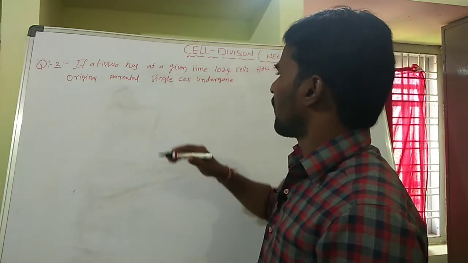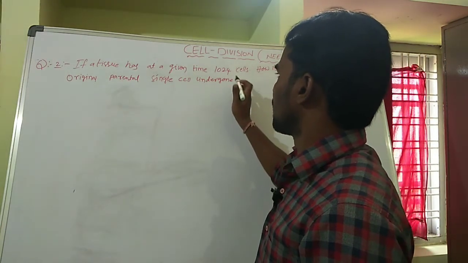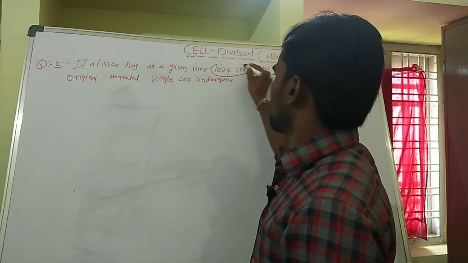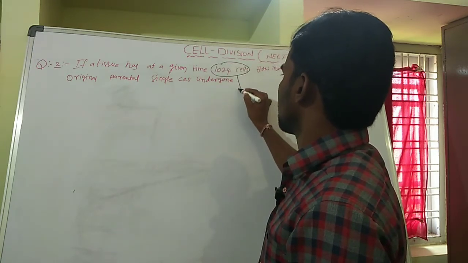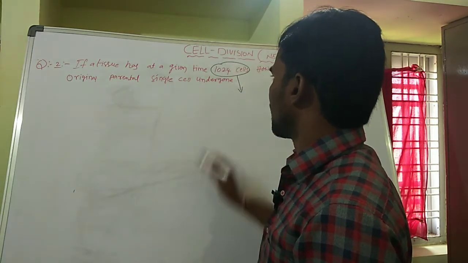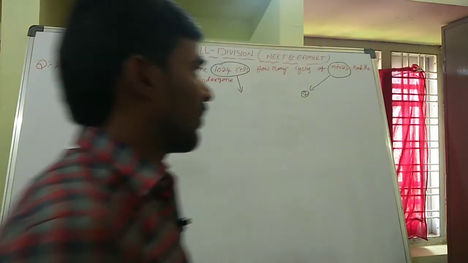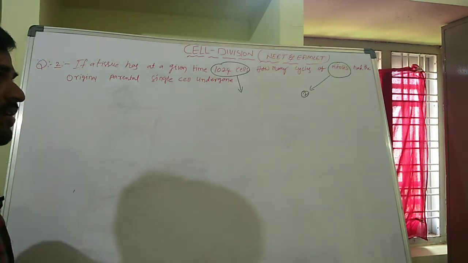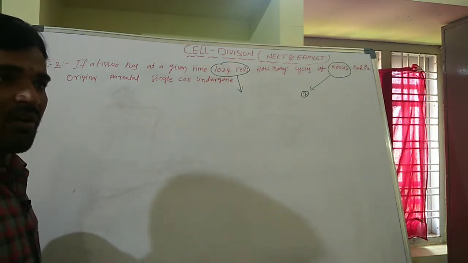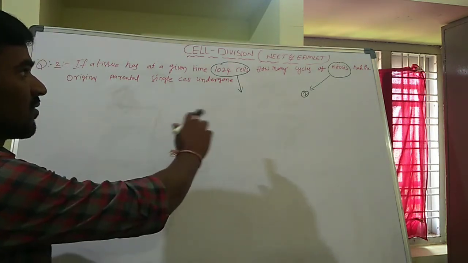So after the total division in a tissue, how many cells will be formed here? 1024 cells formed. The mitosis division continuously occurs till formation of the 1024 cells.